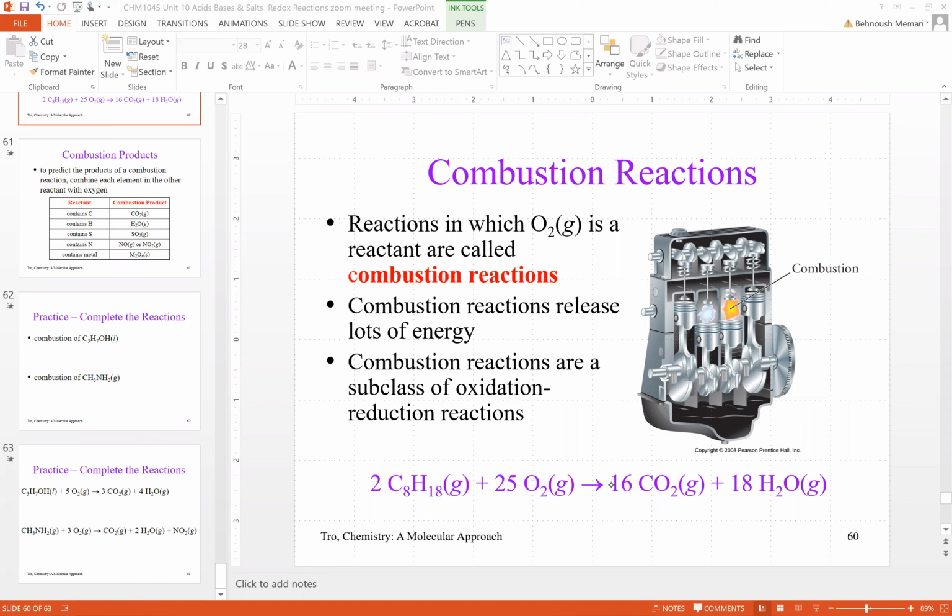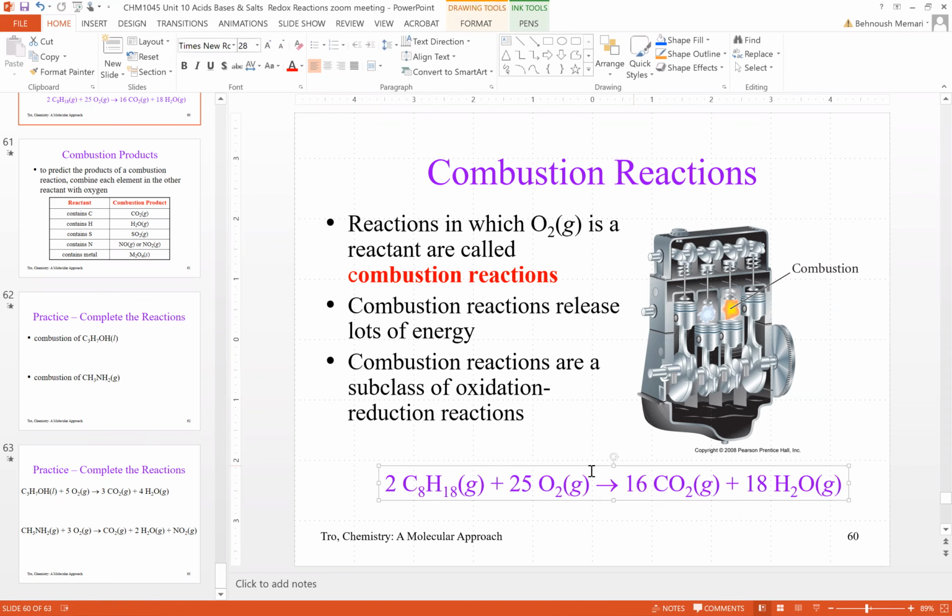and then hydrogen. So we go with the definition of each one gaining oxygen, being oxidized.